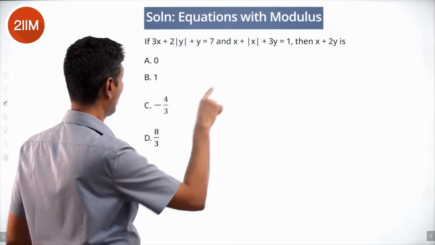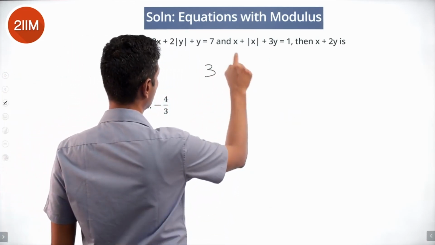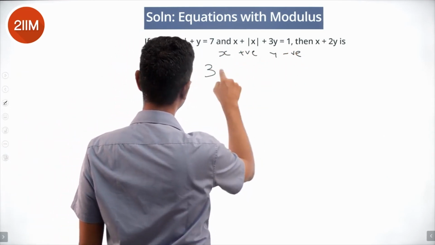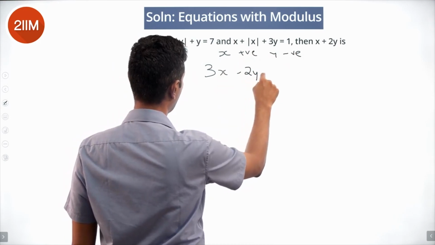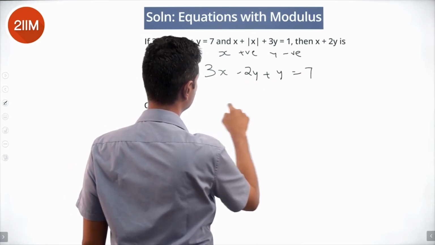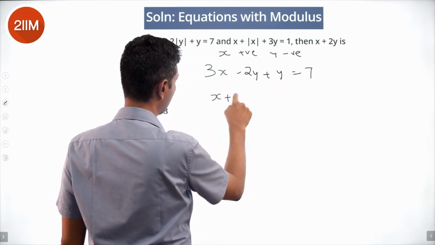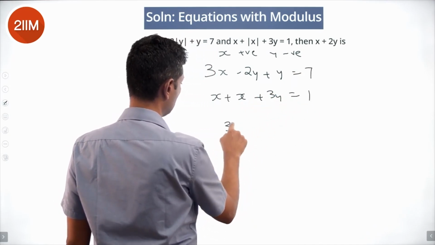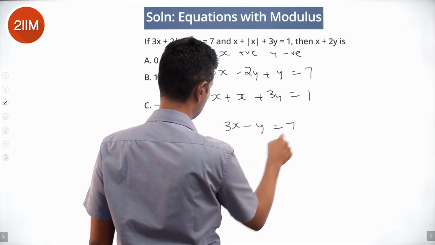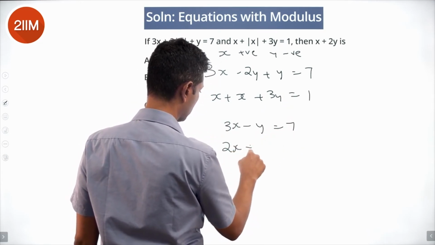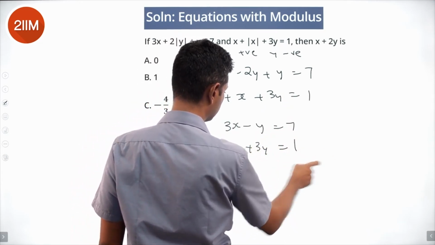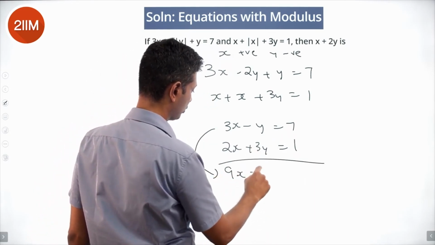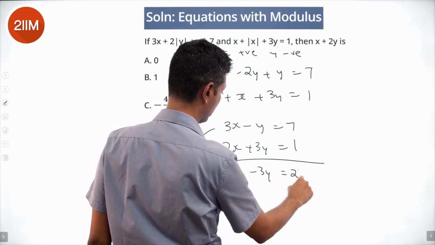X positive, y negative. So we are looking for x positive, y negative. That is 3x minus 2y plus y is 7 and x plus 3y is 1. 3x minus y is 7, 2x plus 3y is 1. Multiply this by 3, 9x minus 3y is 21.